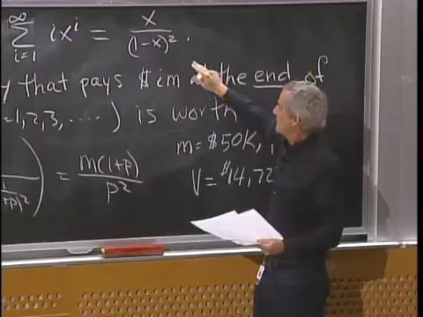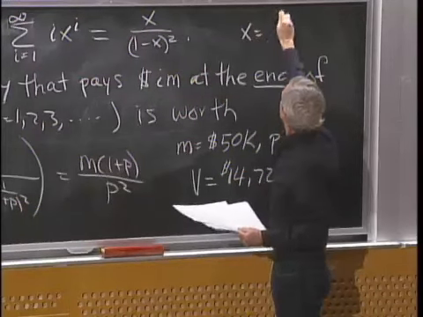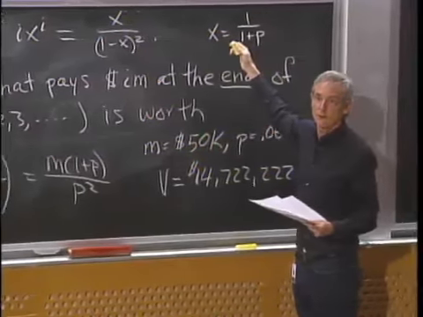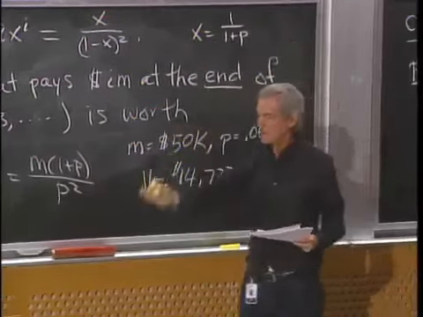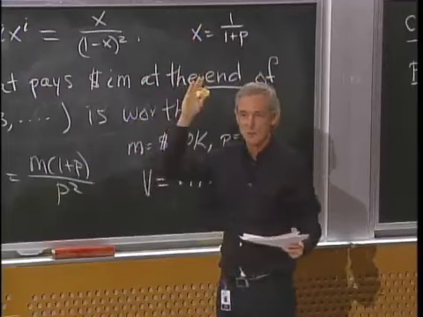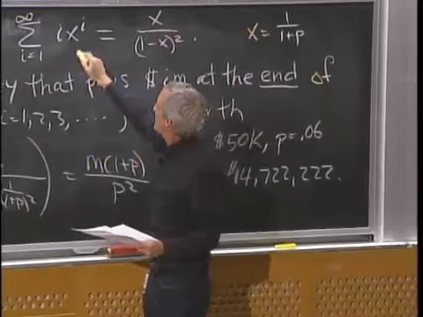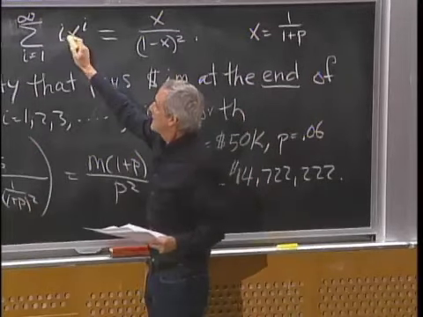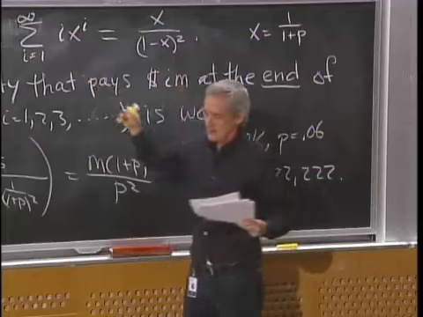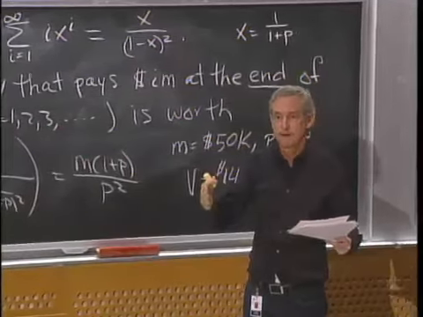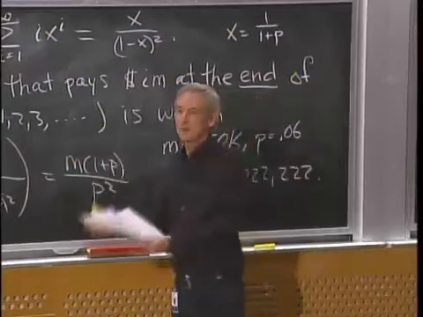I plugged in x equals 1 over 1 plus p, like we did before for the annuity, because every year you're devaluing it by 1 over 1 plus p. So that's the x term. And in the ith year, it's paying i m dollars. So the first year it pays m dollars.